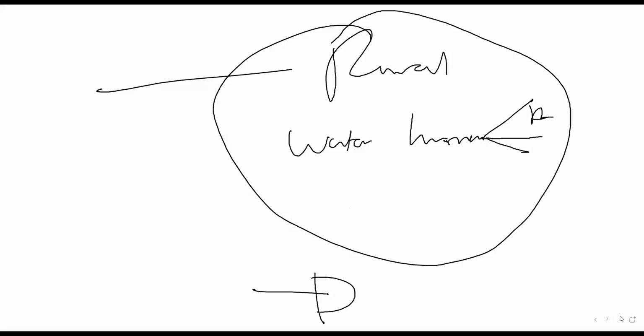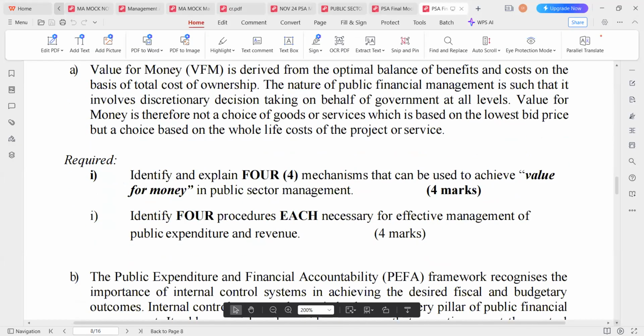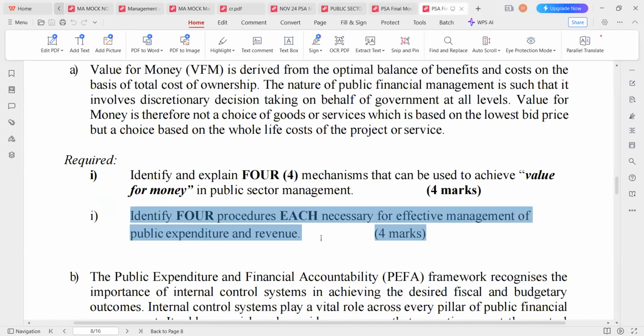So then you may also be asked this question, for management accounting: Identify four procedures each necessary for effective management of public expenditure and revenue.